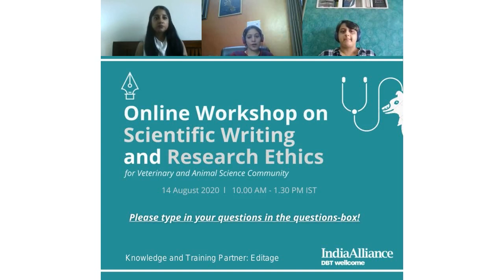For someone who has no experience in scientific writing, could you suggest how they should start? Start with the methods and the results, because that is what you know best, right? That's the meat of the work that you've been doing probably for the last 2 years. So finish that and then maybe sit back and think about, okay, how am I going to interpret these results?